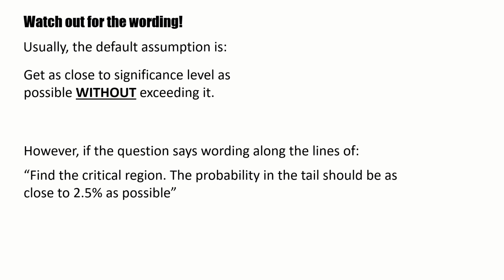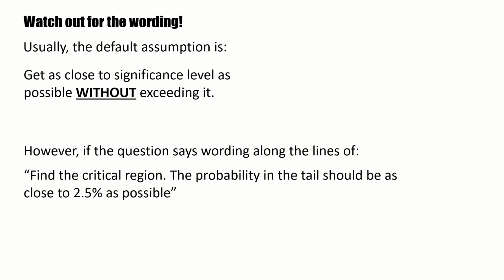The significance level could be whatever you want, but it's weird that they're mentioning that it should be as close to 2.5% as possible, because in some ways that's our default assumption. The suspicious part is that they mention that, but then don't mention the usual restriction that you're not allowed to go over 2.5%.